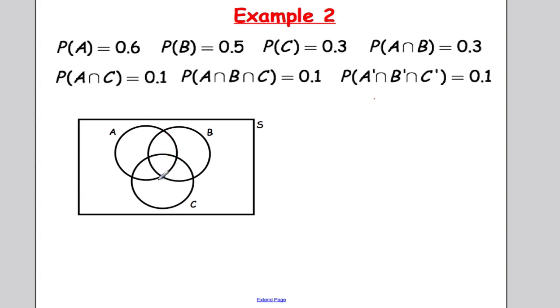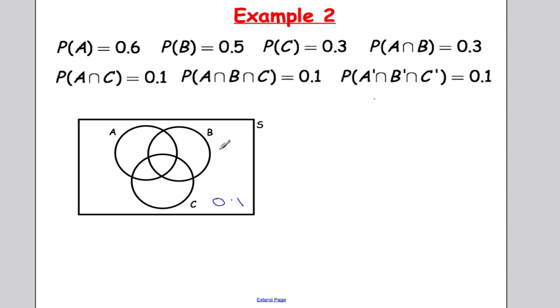I'm also told that A intersection C is 0.1, so this region here, where A and C intersect, is 0.1. A intersection B intersection C is 0.1. So where all the three circles overlap, which is this region, is 0.1. And finally, I'm told that not A and not B and not C, or A complement intersection B complement intersection C complement, is 0.1. In other words, the piece outside the Venn diagram is 0.1.